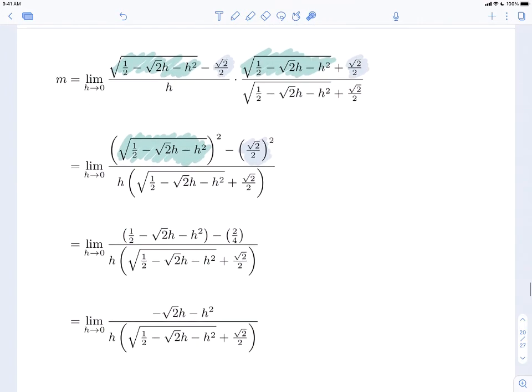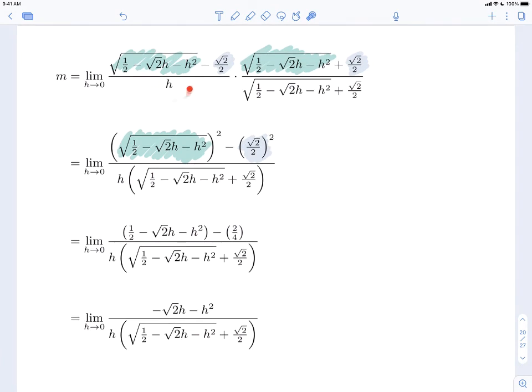Now notice the denominator, we haven't really done anything with it. We just have h times all of this in the denominator. We haven't done anything to the denominator. That'll come later. So we simplify the numerator because we have the square root, but then we're squaring it, so the radical goes away. We just have 1/2 minus the square root of 2h minus h squared. And then let's square this term.